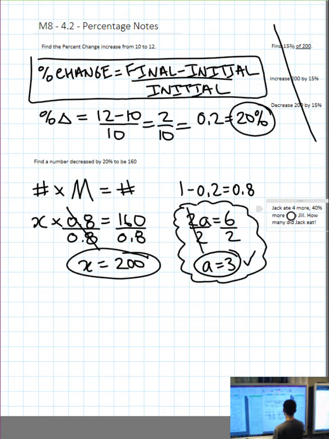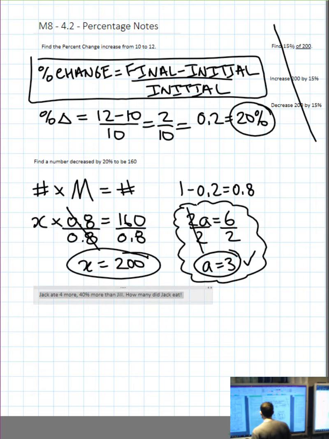Okay, the last question on this section. Jack ate 40% more than Jill. How many did Jack eat? Well, it's a word problem. I'm going to define my variables. Let J equal the number that Jill ate.